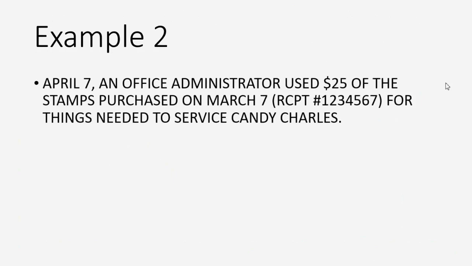Now, let's continue the example and imagine on April 7th, an office administrator used $25 of the stamps purchased on March 7th with that receipt number for things they needed to service this specific client, Candy Charles.